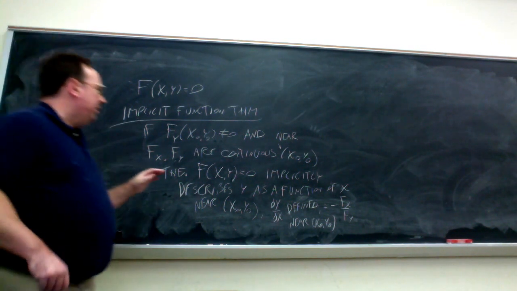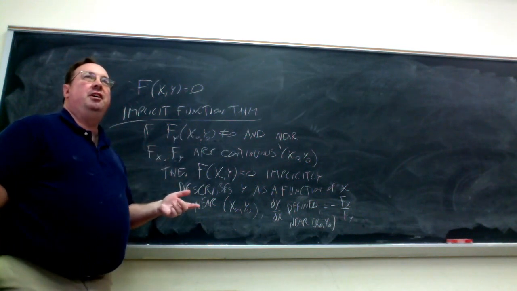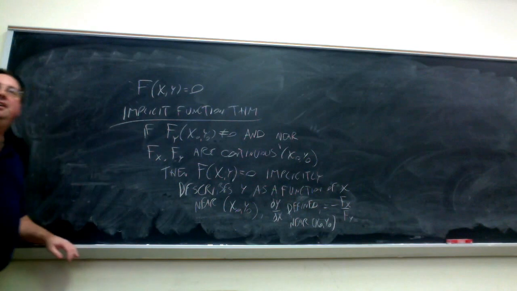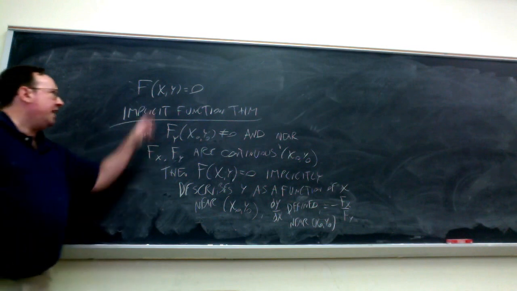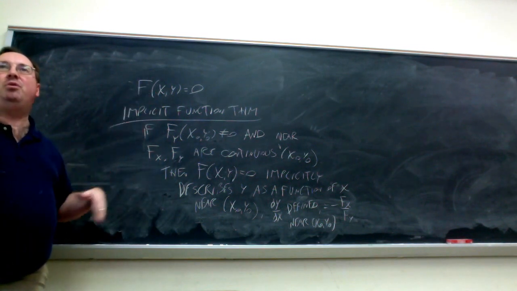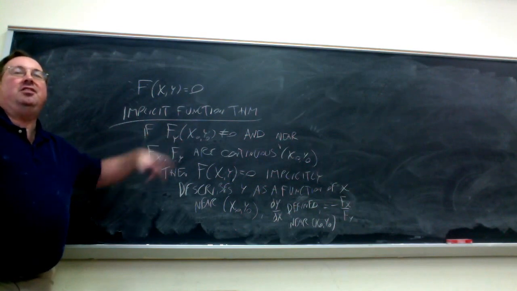Now if this happens, you may not be able to describe y as a function of x, but what might you be able to do instead? Because maybe you have a vertical tangent line, there's no dy/dx, but you could go the other way. Maybe you can describe x as a function of y near that point, as long as the partial derivative with respect to x is non-zero.